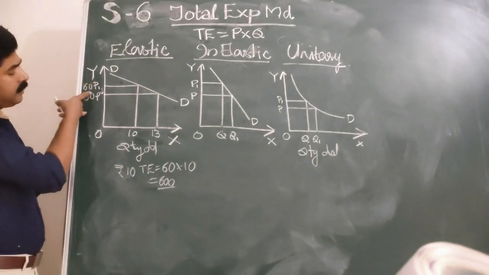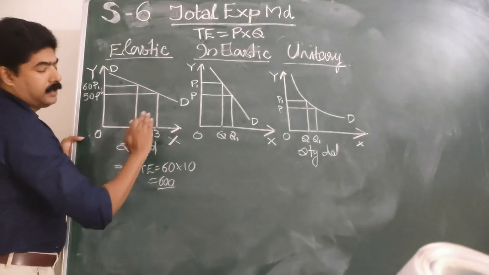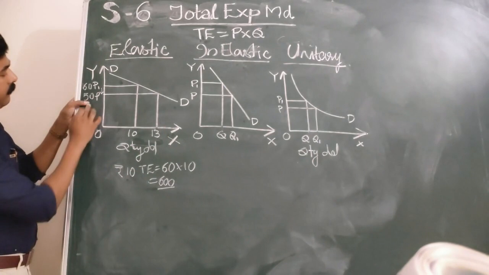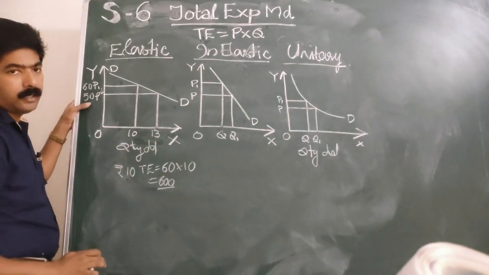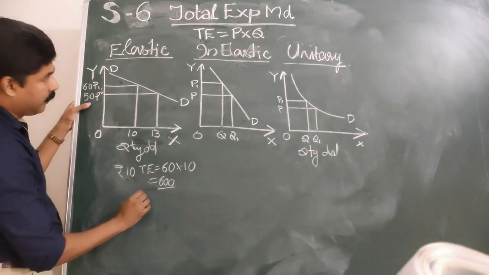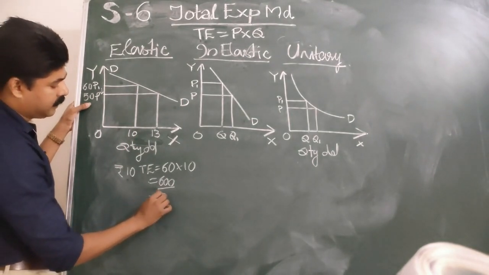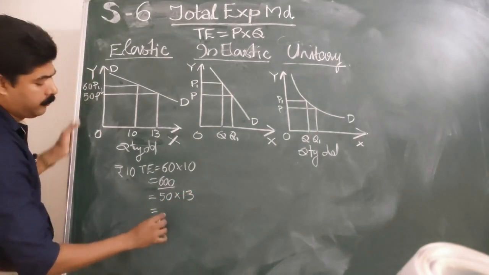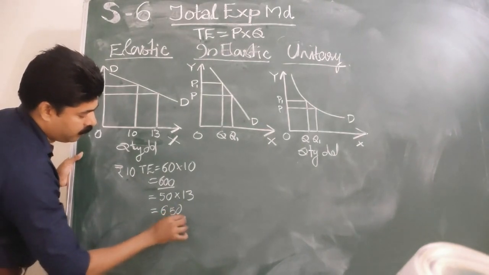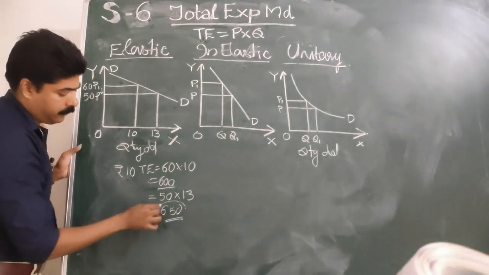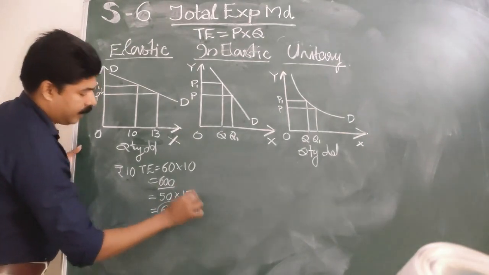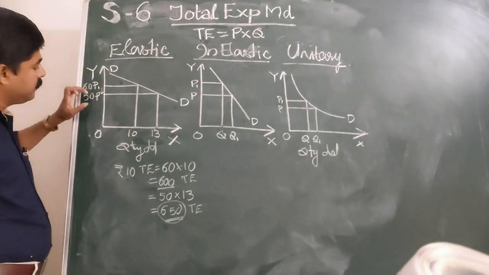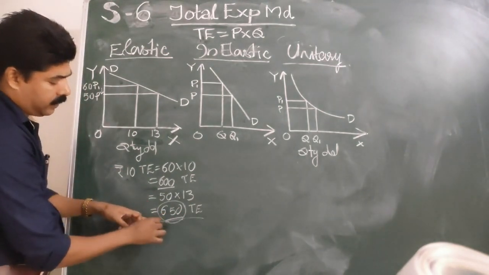A fall in price leads to an increase in total expenditure. And look, at price 50, quantity demanded is 30, therefore we can write 650. So 650 is the total expenditure and 600 is also a total expenditure. In the two cases, a fall in price leads to an increase in total expenditure.